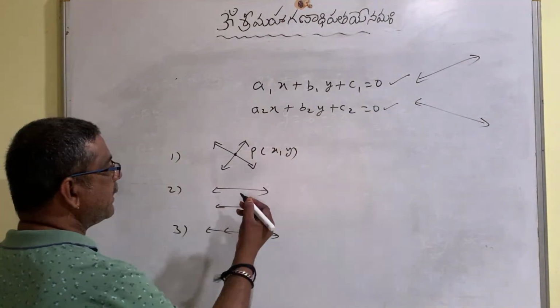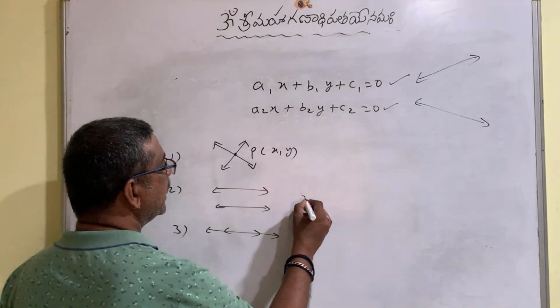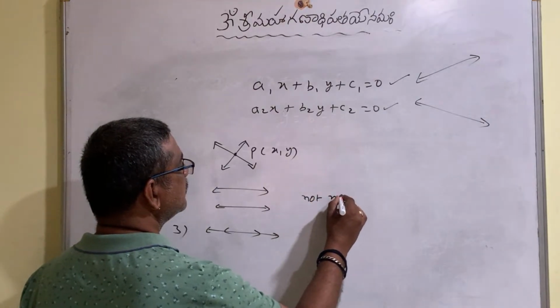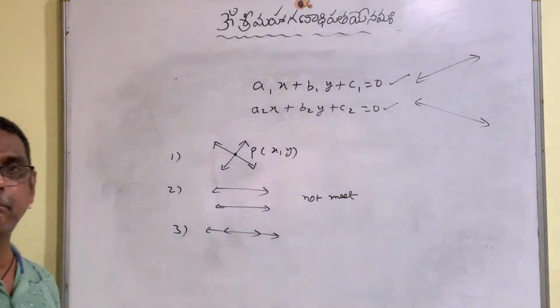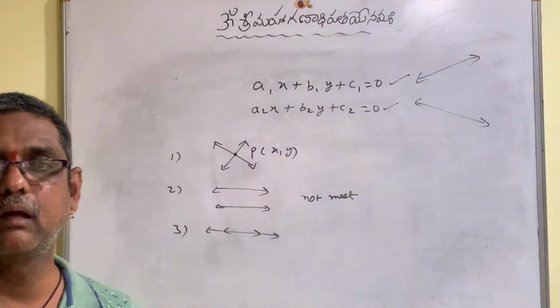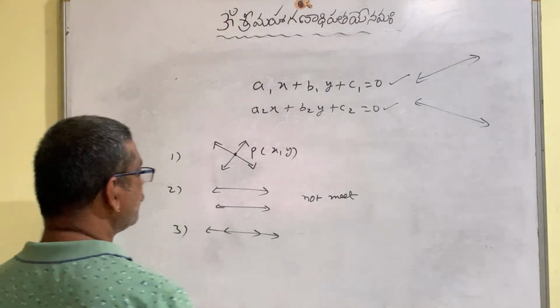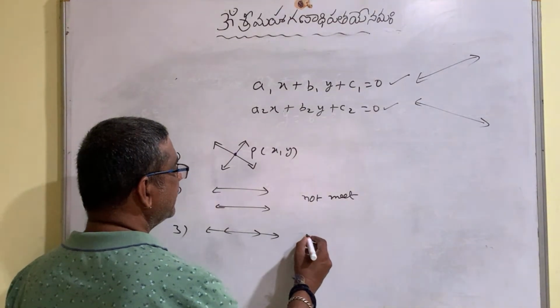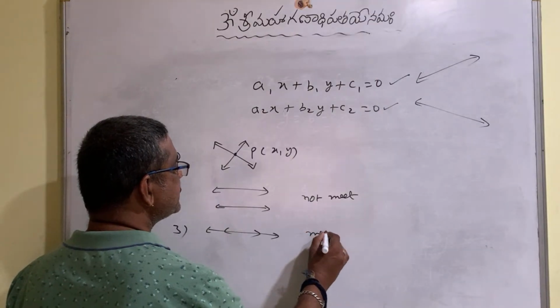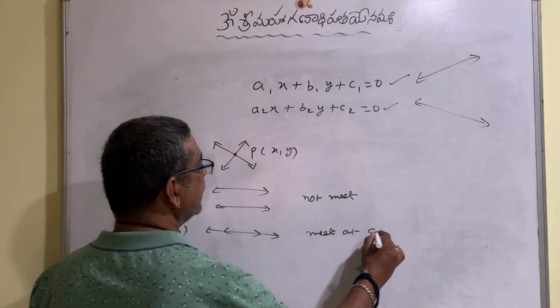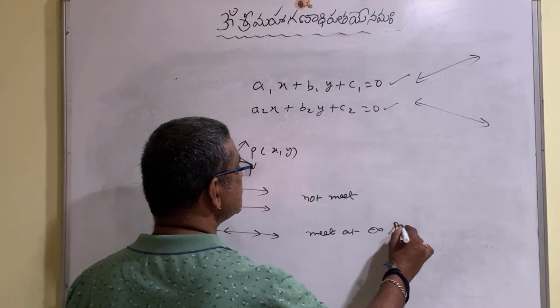If the lines are parallel, they will not meet. If the lines are coincident, they will meet at infinite points.